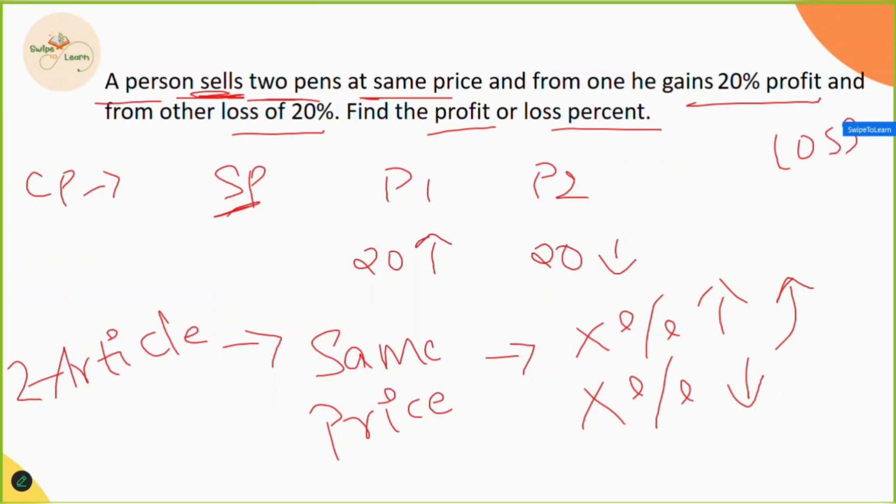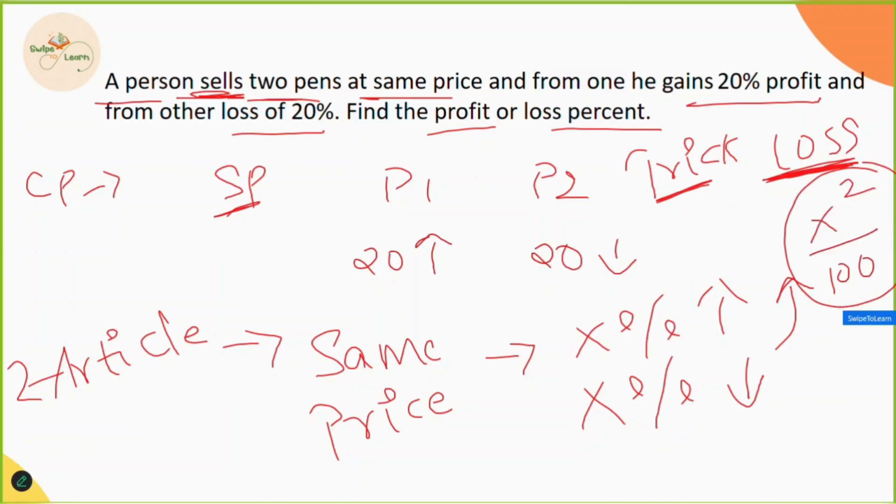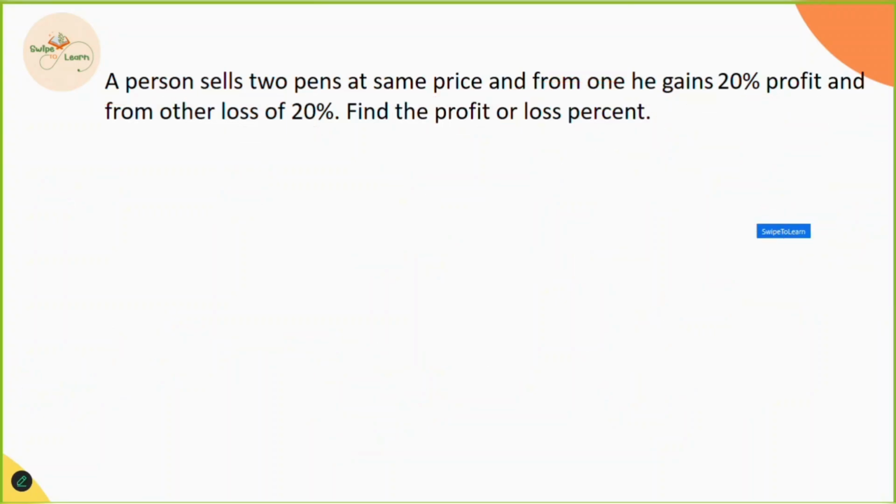And to calculate this loss, we'll share a short trick here. The formula to find that loss is x square divided by 100. When two articles are sold at the same price and one has X% profit and the other has X% loss, then there is definitely a loss, and that loss is calculated using the formula x square divided by 100.